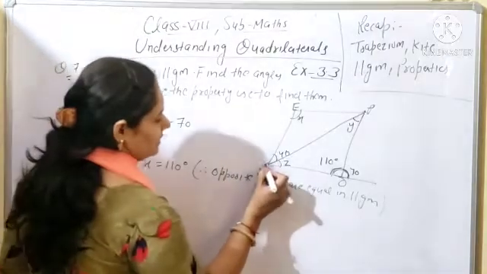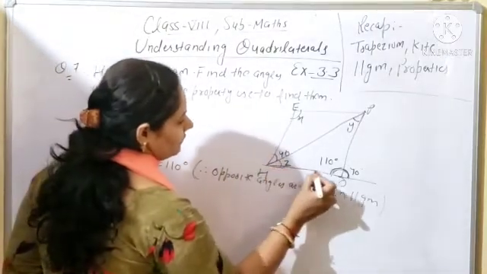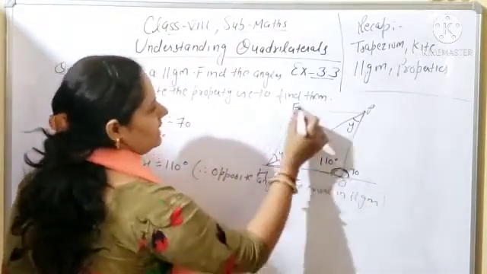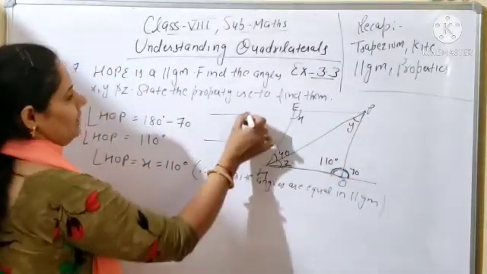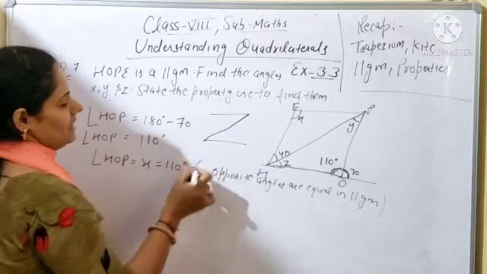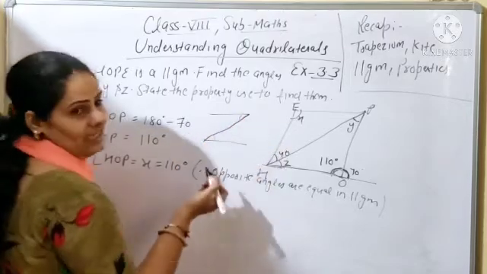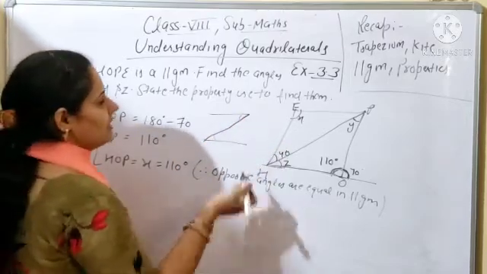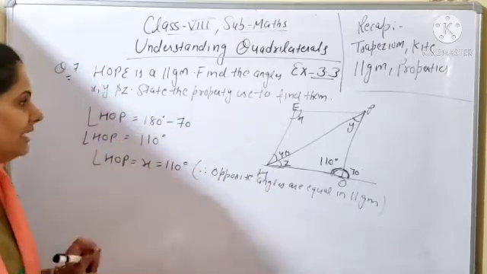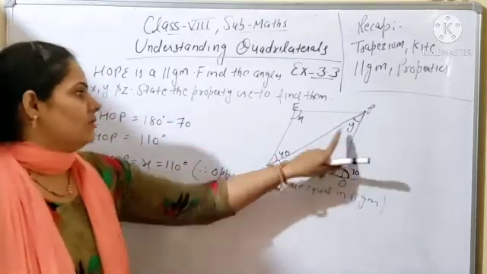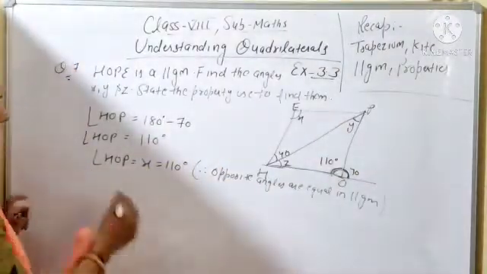After that you can see, beta, this line. HO and EP are both parallel lines, and this one is the transversal line. So this one angle and this one angle will be equal, because these are alternate interior angles. Which type of angles? Alternate interior angles. If this one is 40, so Y will also be 40 degrees.